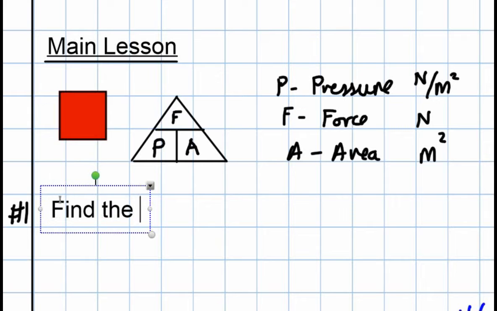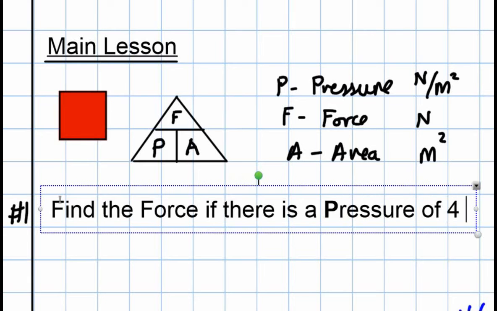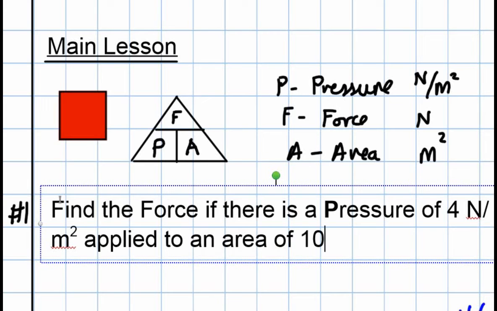Find the force if there is a pressure, that begins with P, of 4 newtons per meter squared (those funny units), applied to an area of 10 meters squared.